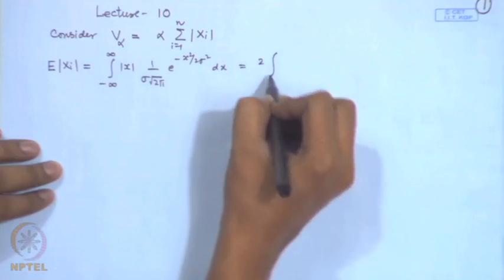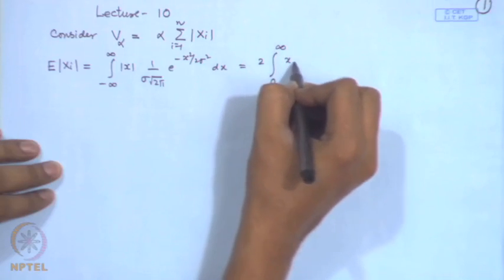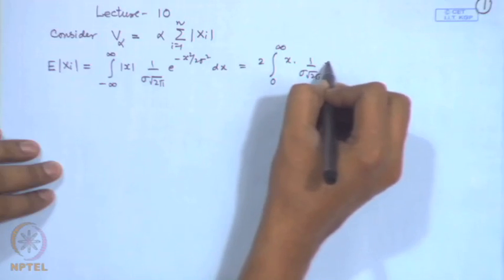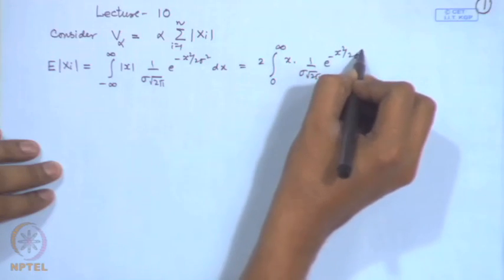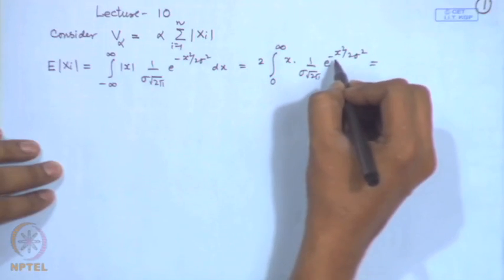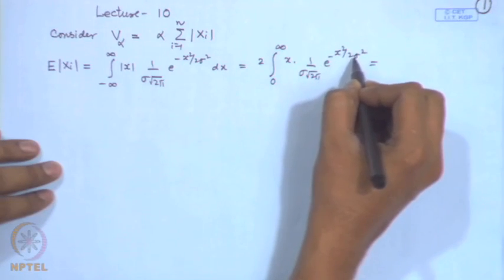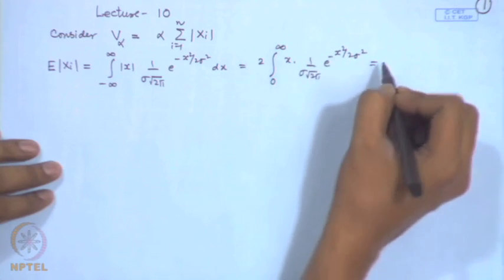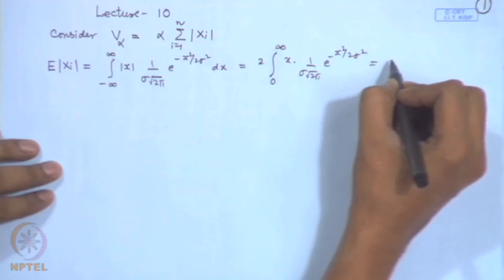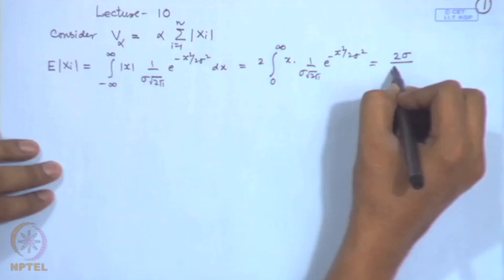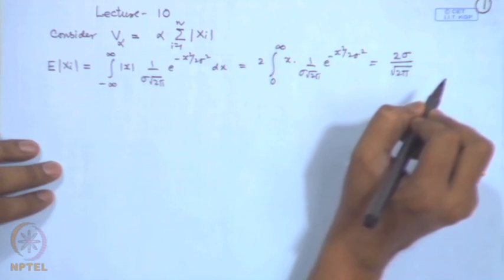So, this will become 2 times the integral from 0 to infinity of x times 1 by sigma root 2 pi e to the power minus x square by 2 sigma square. Now, this can be easily evaluated, because the derivative of e to the power minus x square by 2 sigma square is e to the power minus x square by 2 sigma square into x by sigma square. So, if you evaluate this integral, this turns out to be simply 2 sigma divided by root 2 pi.